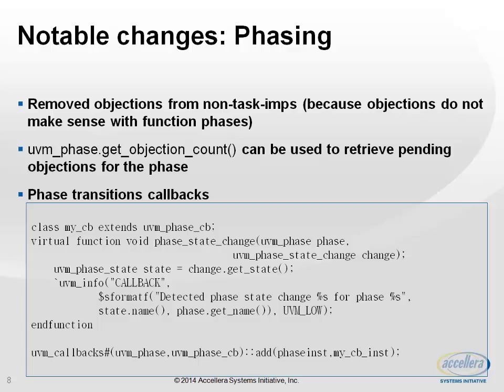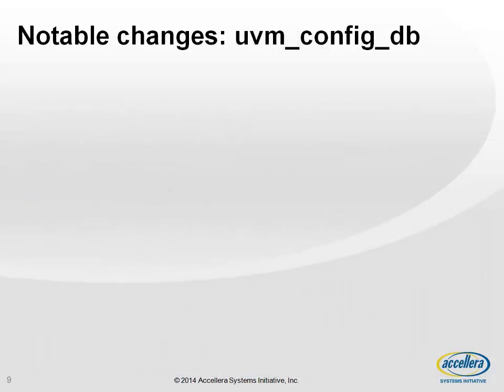You can write your callback, instantiate that callback, and register it with the appropriate phase. Very short example: this is the callback method, phase state change. It gets the phase and the state change, and just prints it here. What you have to do is attach it to a phase instance and supply the instance of the callback. If you attach it to all and everything, it would give you a message that you're moving through the phases.